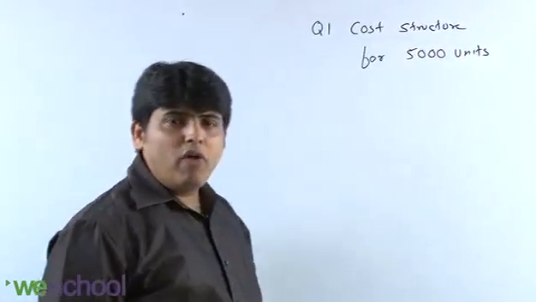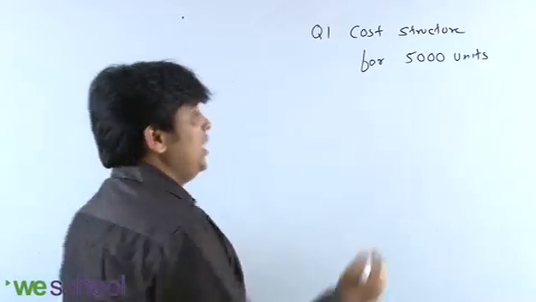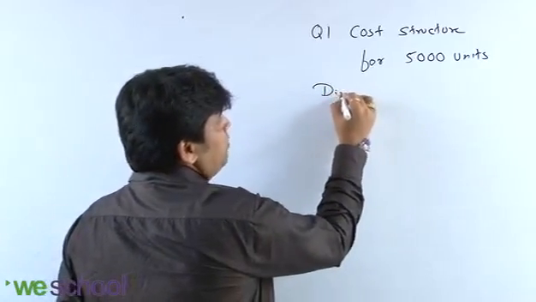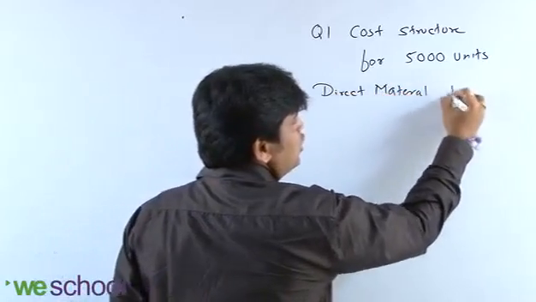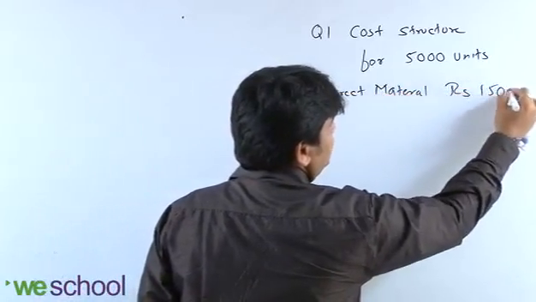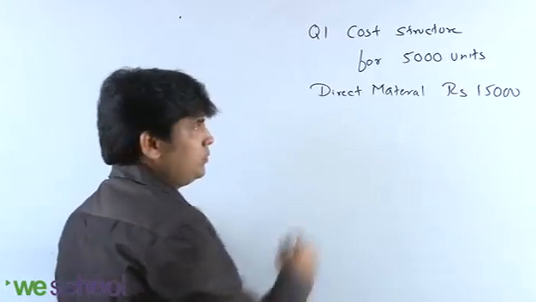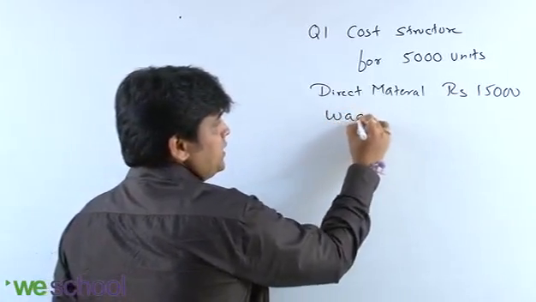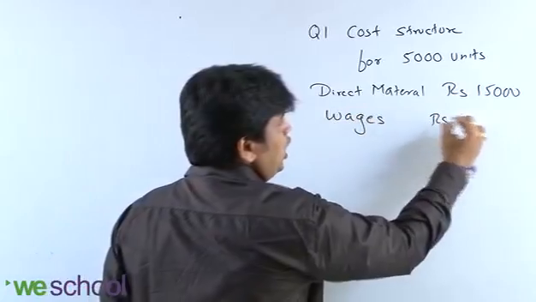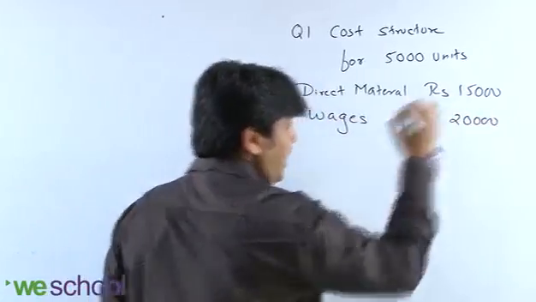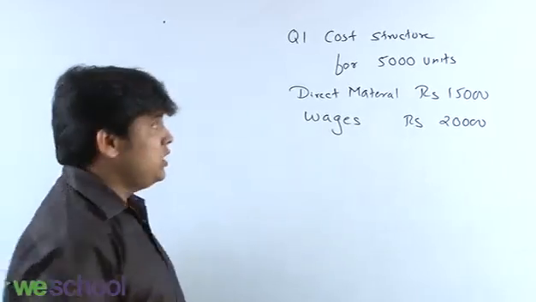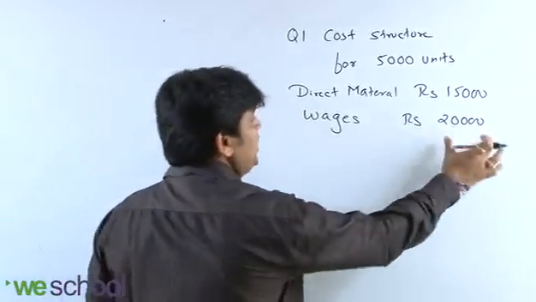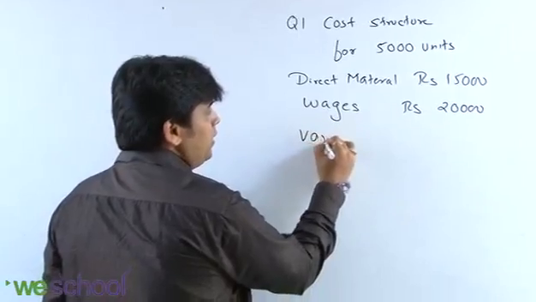For example, direct material is rupees 15,000. Wages is rupees 20,000. I repeat, direct material for 5000 units is 15,000. Wages is rupees 20,000.